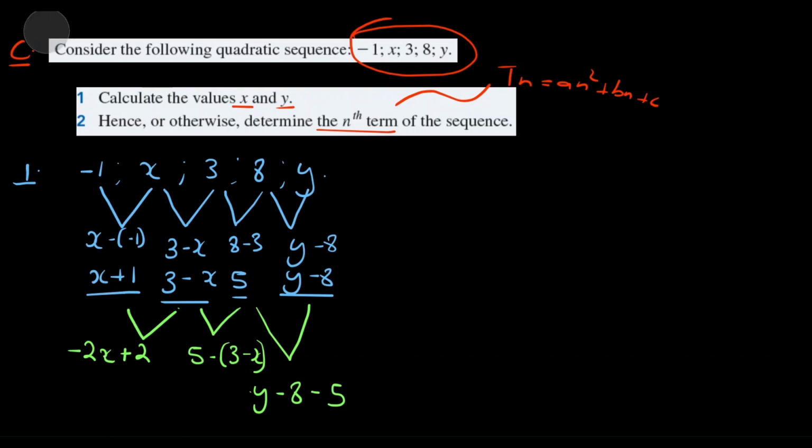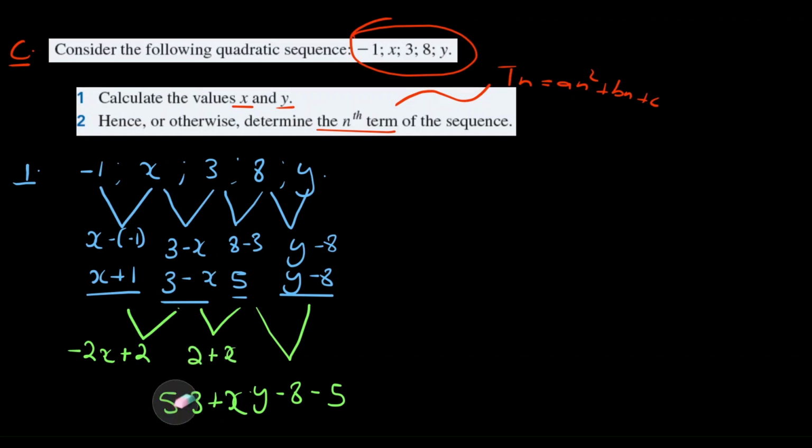And then we move on to the next difference, where it's 5 minus 3 multiplying by negative, plus x. So 5 minus 3 is 2 plus x. So instead of writing that, we can just say this is 2 plus x.